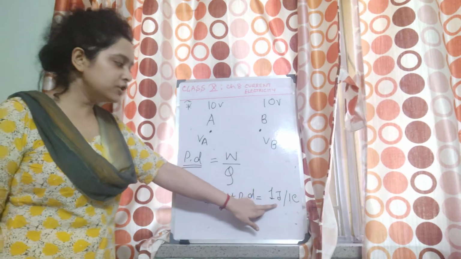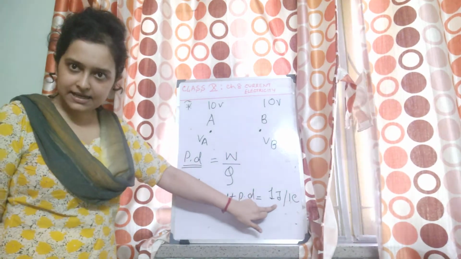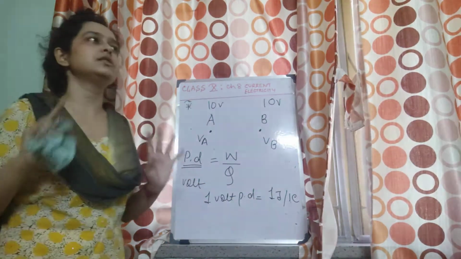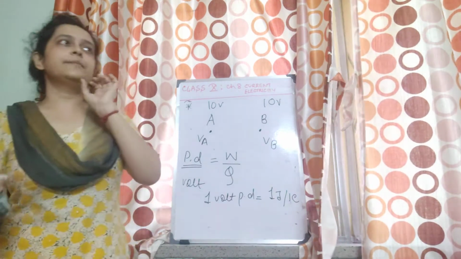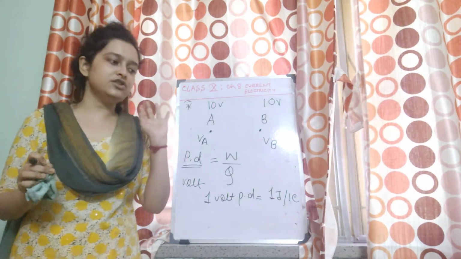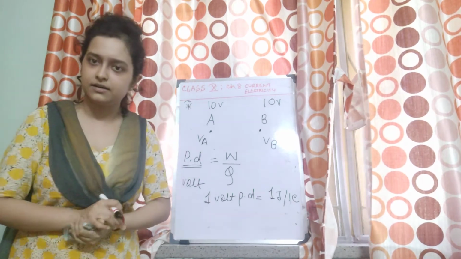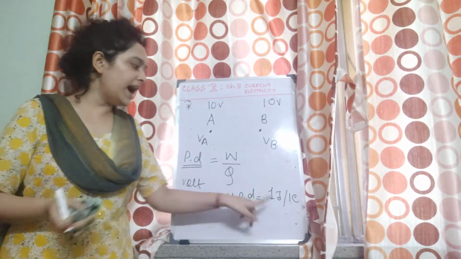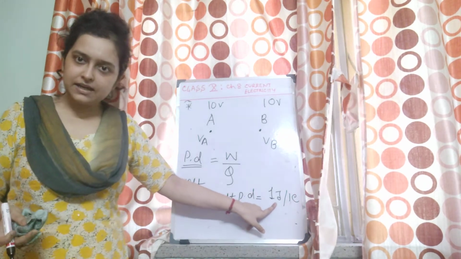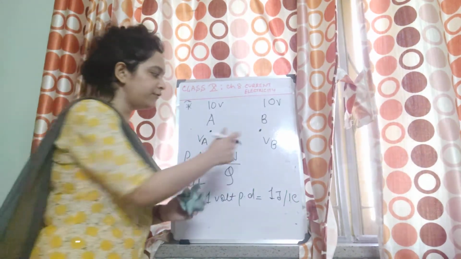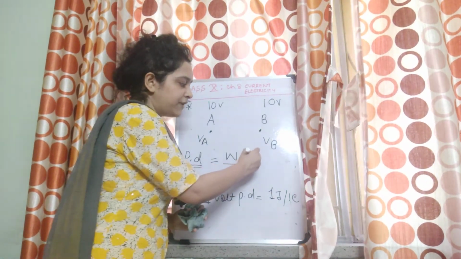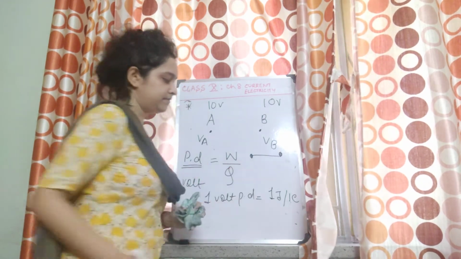So, suppose you have got the question, what is the meaning of this sentence: 1 volt potential difference between two ends of a conductor? That means 1 joule of work is done in bringing 1 coulomb of charge from one end of a conductor to another end.